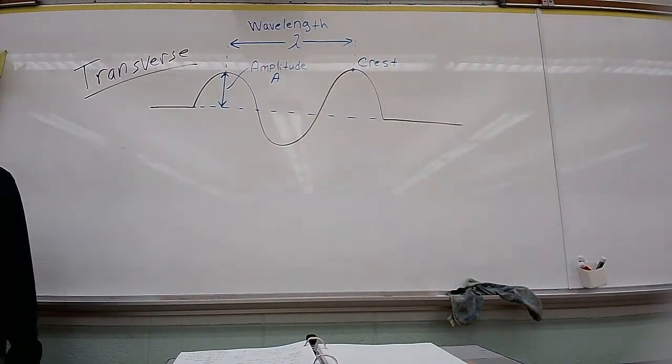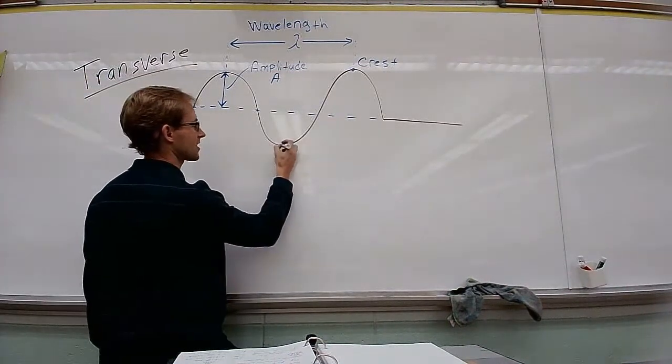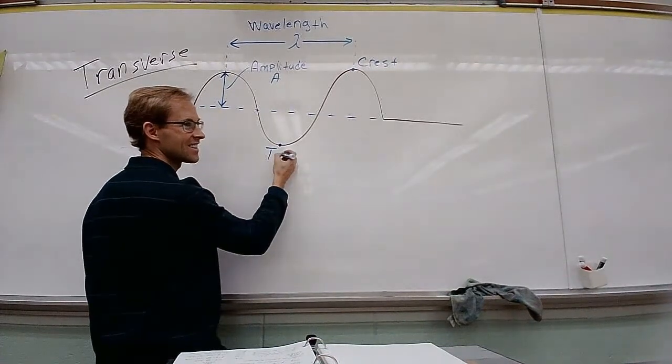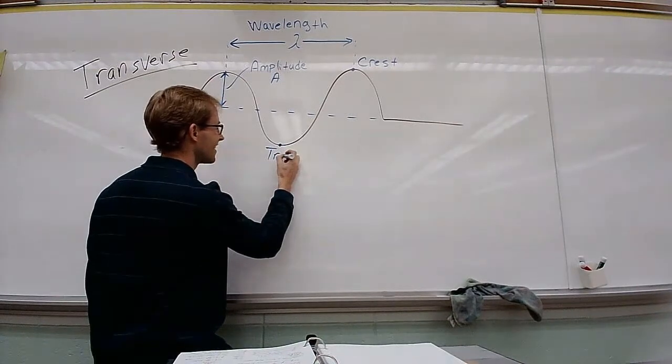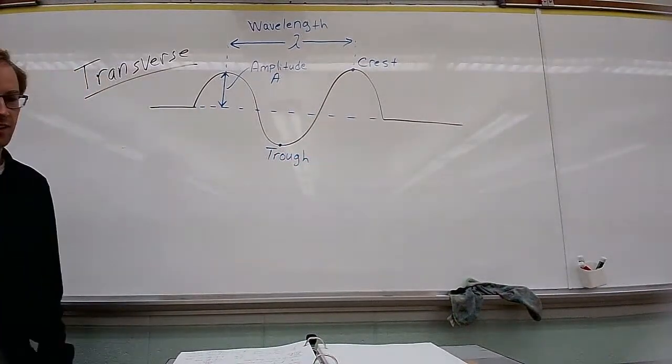Starts with a T. R. O. U. Trough. Absolutely. So crest is the high point. Did you say trouble? Well, you can call it trouble if you want. So a trough is the low point of our wave. Crest is the high point.